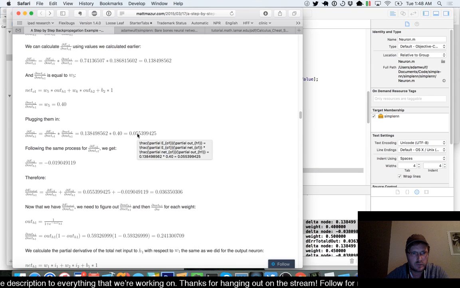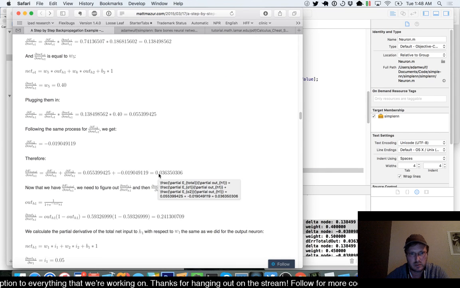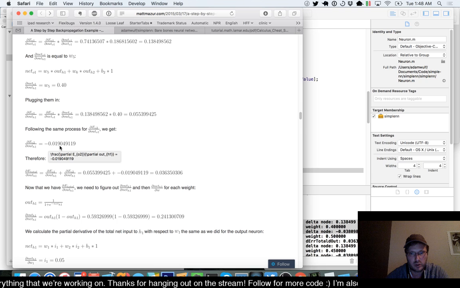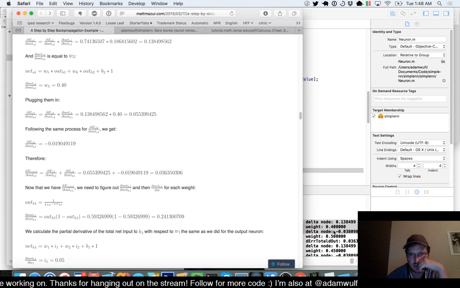I get 0.05. Second time, I get 0.03. Oh, no. The second time, I get negative 0.01. And then afterwards, I get 0.03, and my negative sign is incorrect here. No, that's not the only thing that's incorrect. It's just incorrect all the way around.